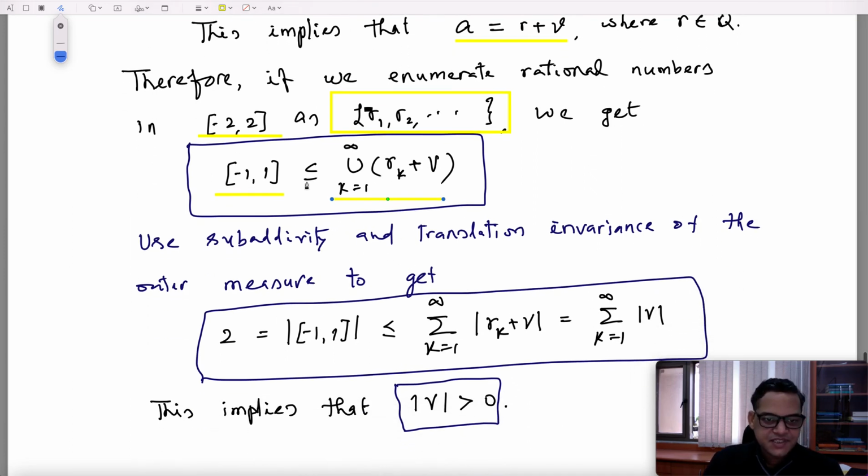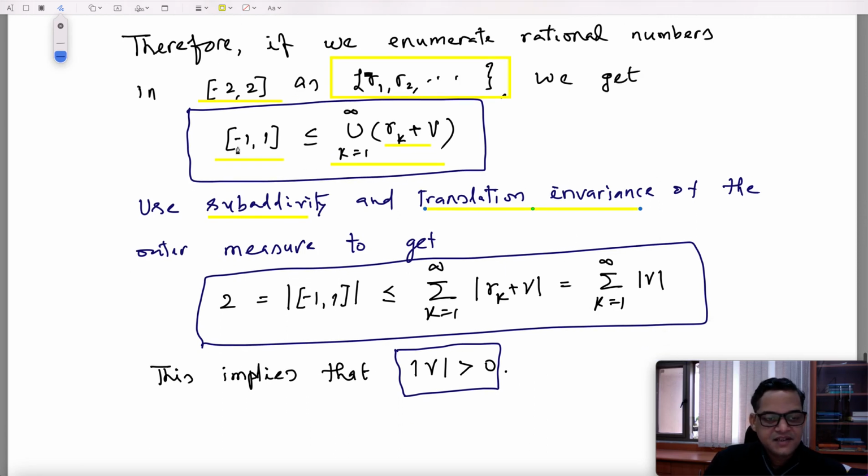Now at this point you see that these sets here are translates of a fixed set. So you remember, in the discussion on outer measure we had already seen that subadditivity holds and translation invariance holds. So we use these two properties, subadditivity and translation invariance, to compute that the outer measure of this interval minus 1 to 1, which is 2, is less than or equal to the sum of the outer measures.